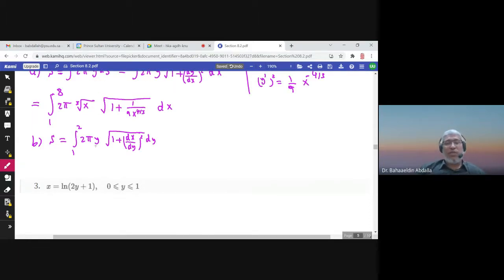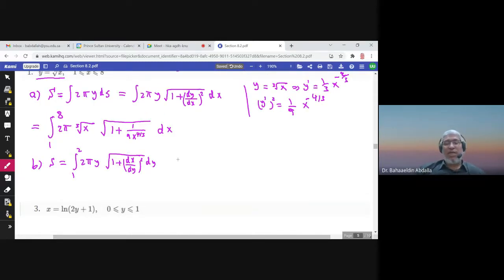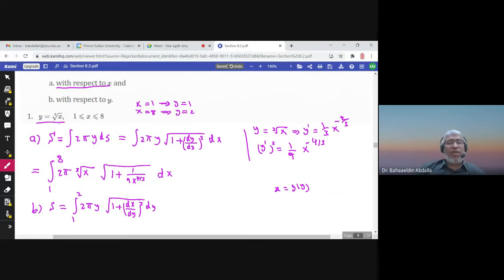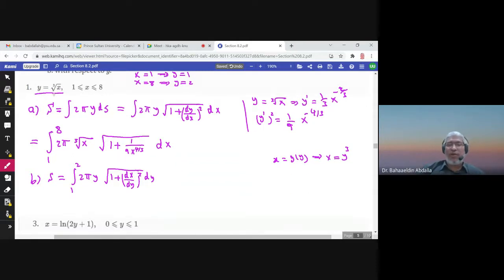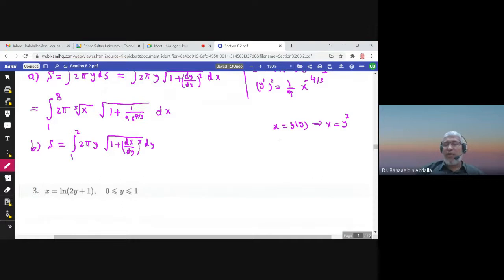Now in this case, this is y, so I'm not going to write it as a function of x. Actually, I need x to be written as a function of y to find dx/dy. When I raise both sides to the power 3, x would be y to the power 3, because this is x to the power 1/3. So dx/dy would be 3y squared.